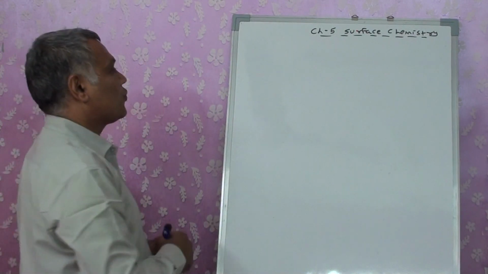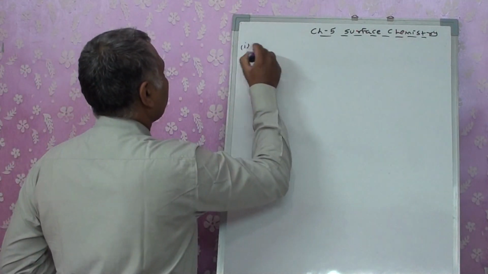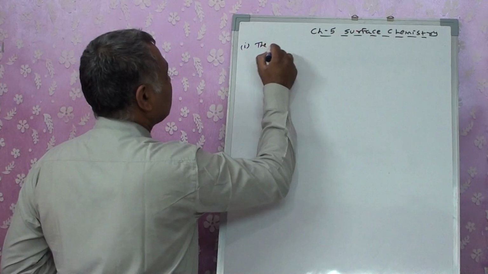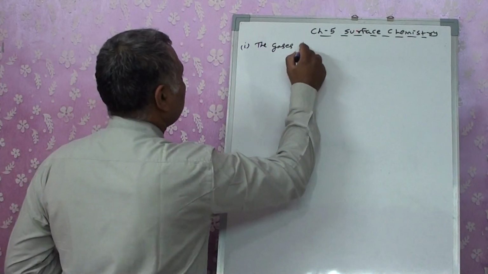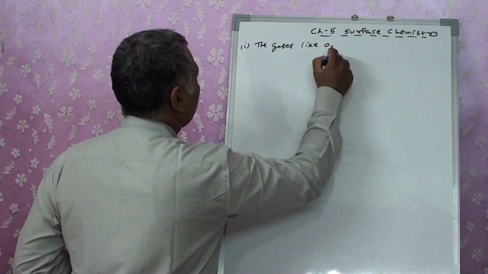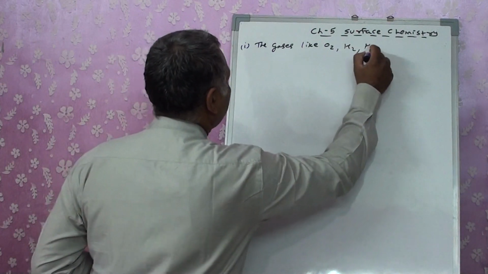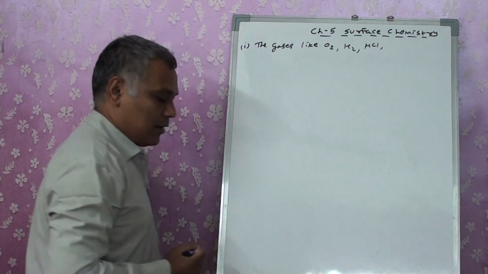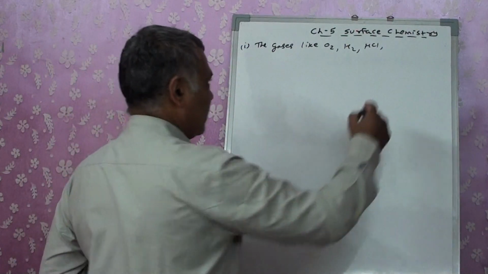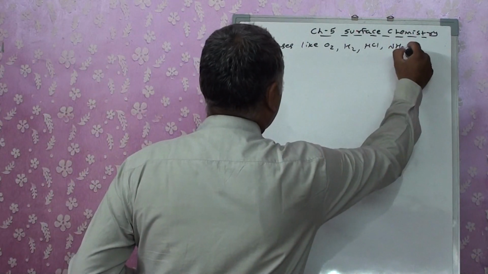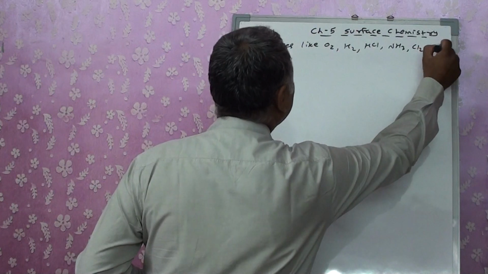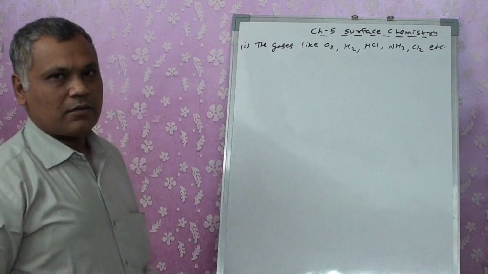Okay, the first one, gases like O2, H2, HCl, right? We can say NH3, Cl2, etc. A number of gases are there, right?